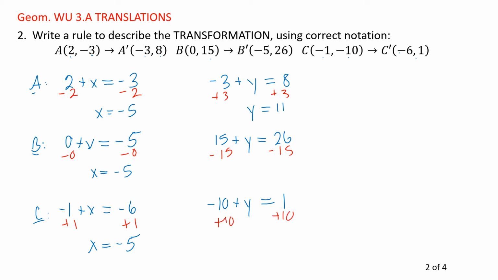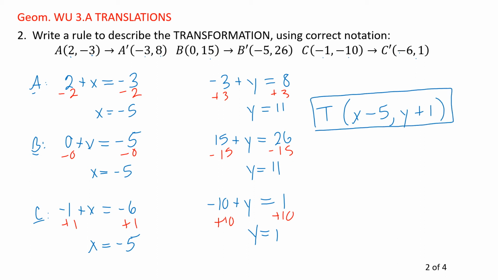And again, they all give me the same thing of y equals 11. So notation, x minus 5, y plus 1. There's also what's called vector notation, where you can make it look a little mathier. Looks like that.